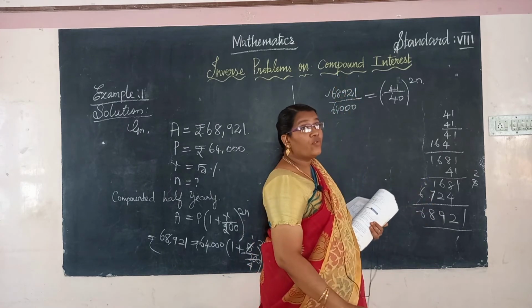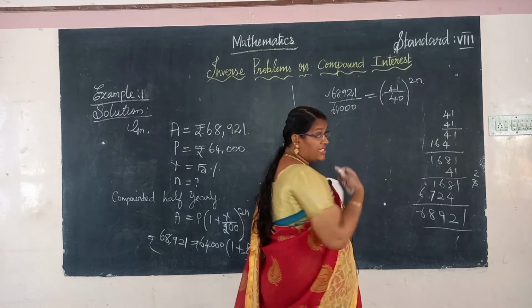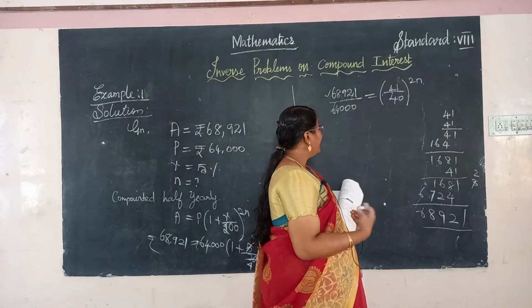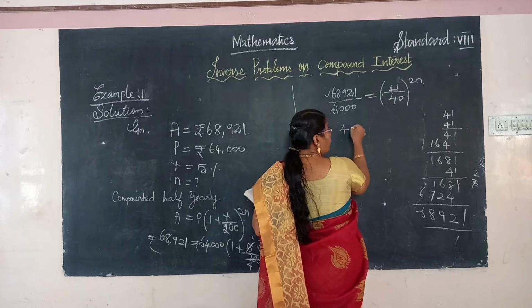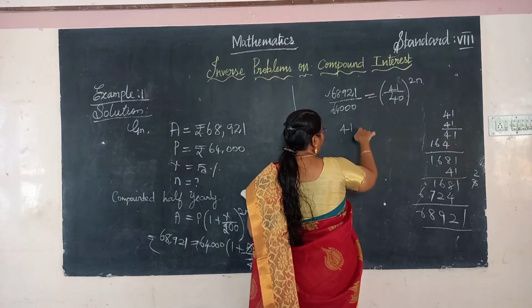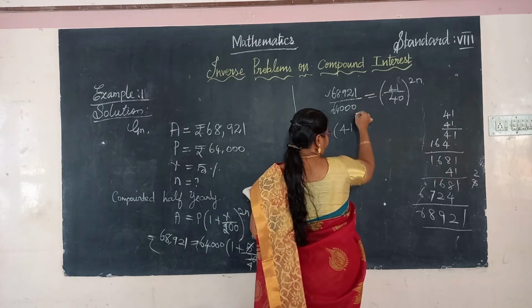So how many times is 41 multiplied? We get the value 68,921 three times. So it can be written as 41 to the power 3.